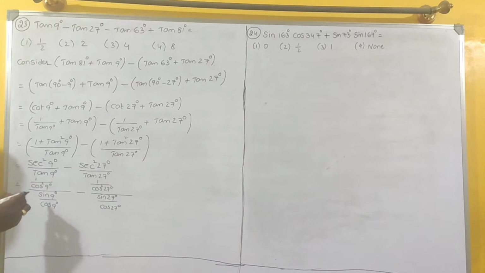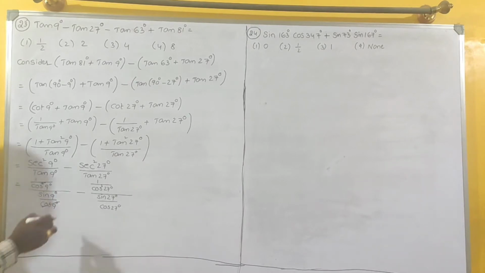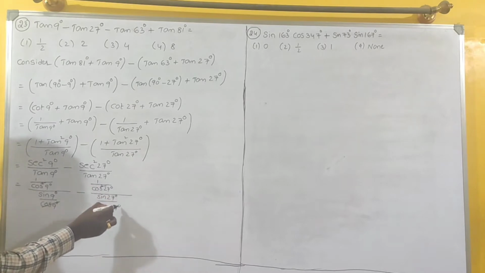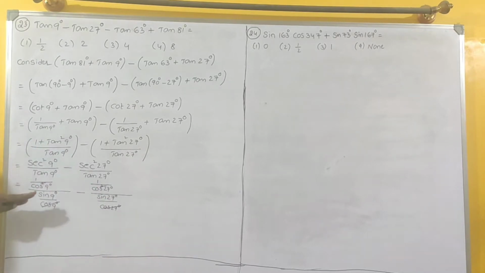Now here we can write square, cos gets cancelled. Here also square, cos gets cancelled. The sin will go to the denominator. One more cos is there.